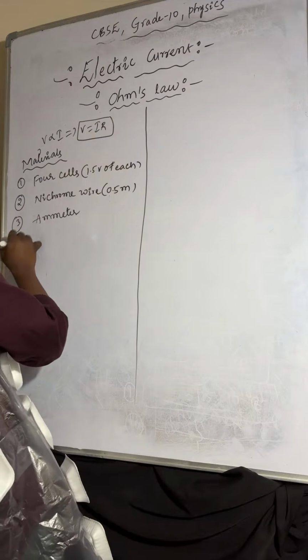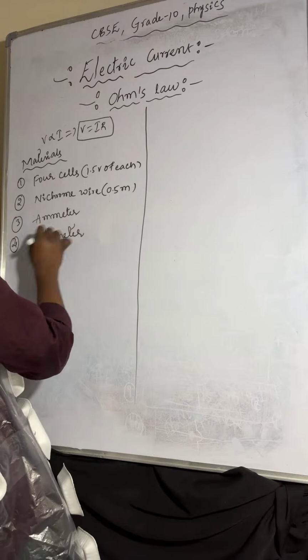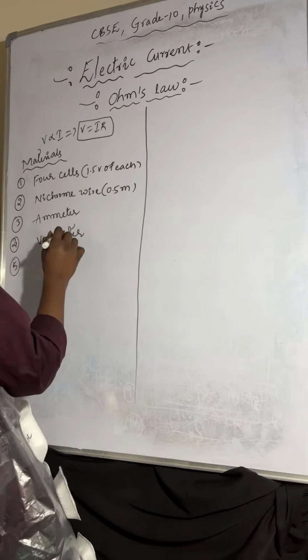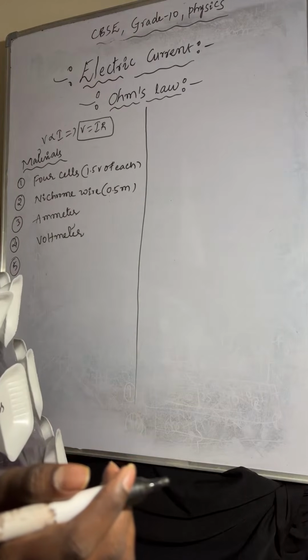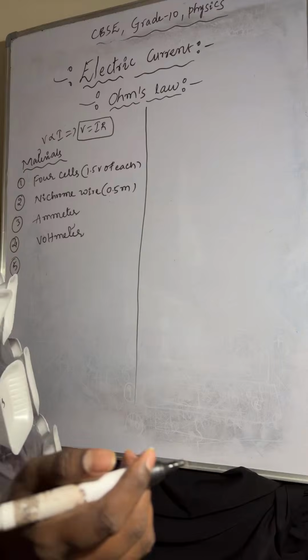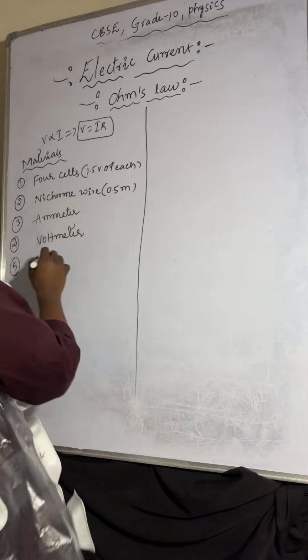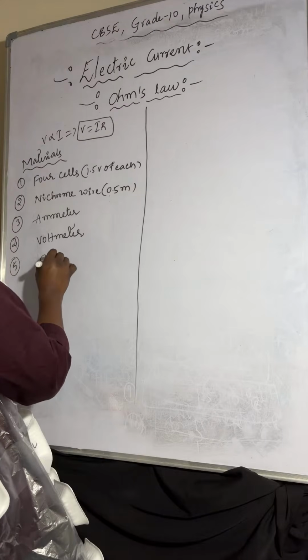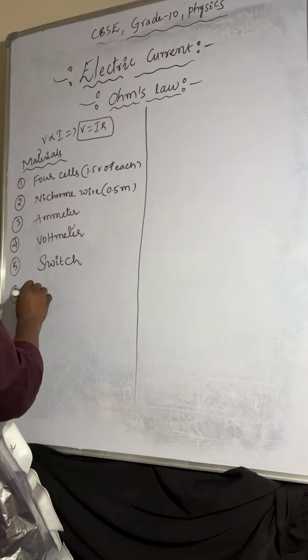The fourth one, voltmeter. The fifth one, ammeter, voltmeter, switch. Next, the sixth one is connecting wires.